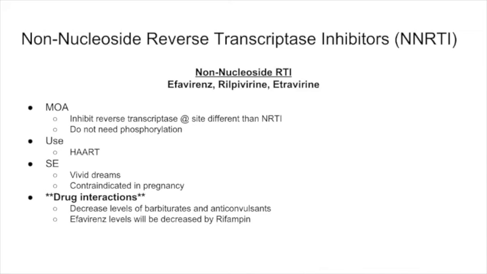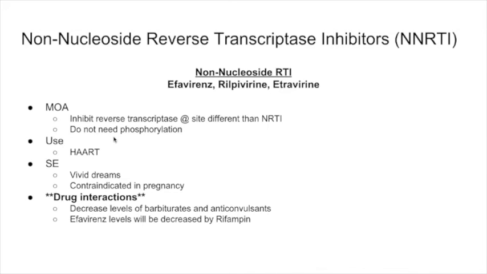Next class of medications are the non-nucleoside reverse transcriptase inhibitors. The difference between those and the nucleotide or the nucleoside reverse transcriptase inhibitors is that the non-nucleosides go into a site different than the NRTI. So they don't dock into the main reverse transcriptase site in a chain termination, but they go into a different site.